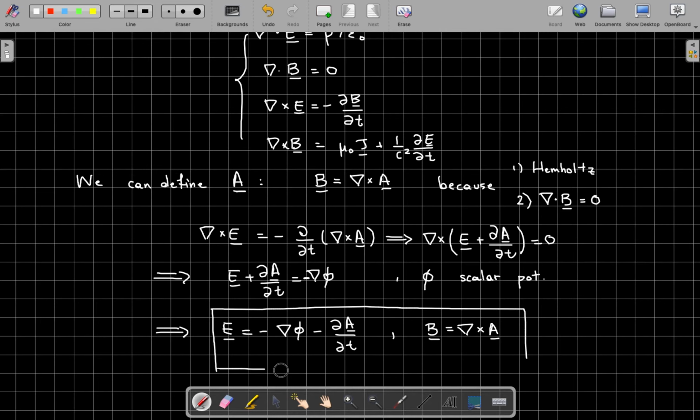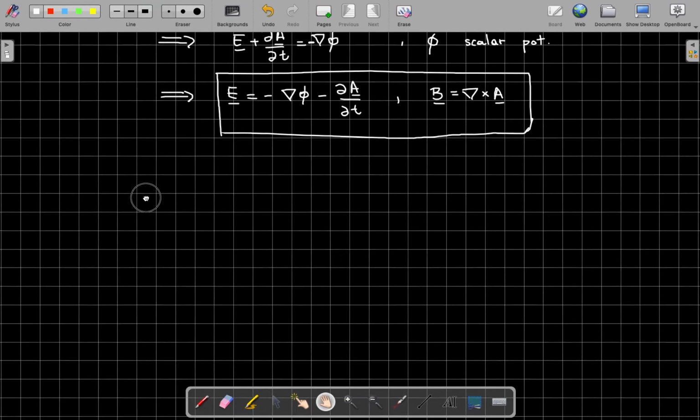Now, one might think, okay, so if I give you a certain electric and magnetic field, are A and phi well defined? Is there only one set of A and phi that will give me E and B? Well, the answer is, of course not, because of gauge transformations. Gauge transformations are transformations that you can apply on phi and A, which will still give you the same E and B.